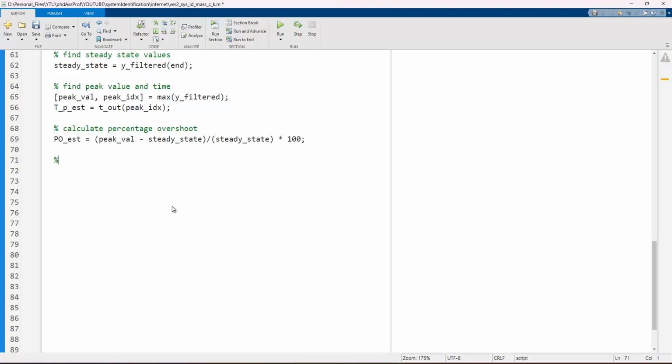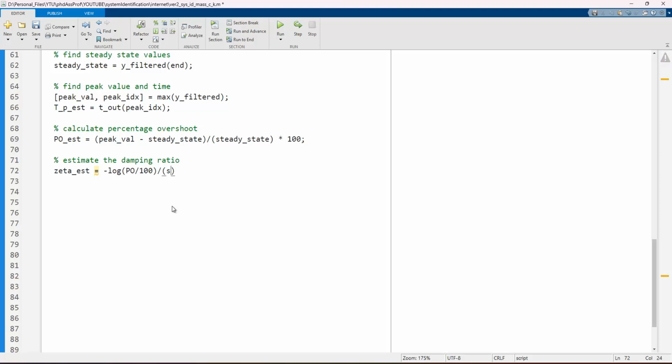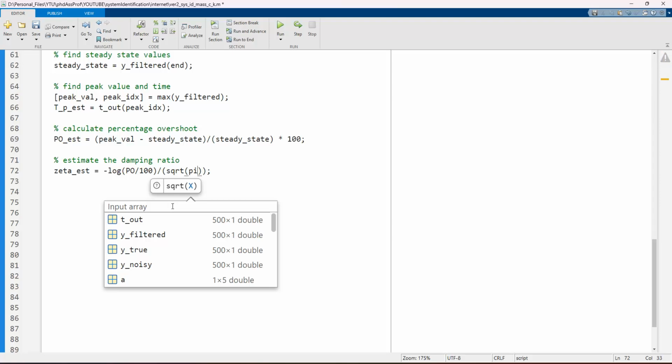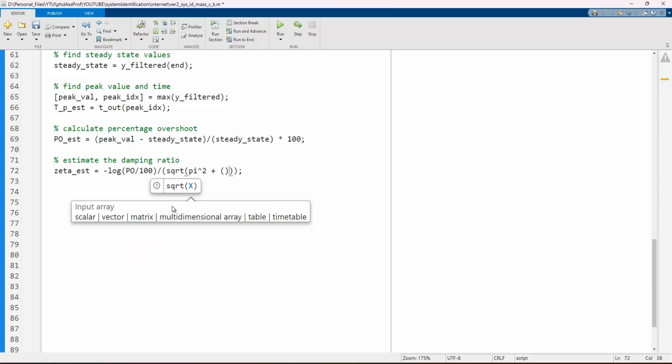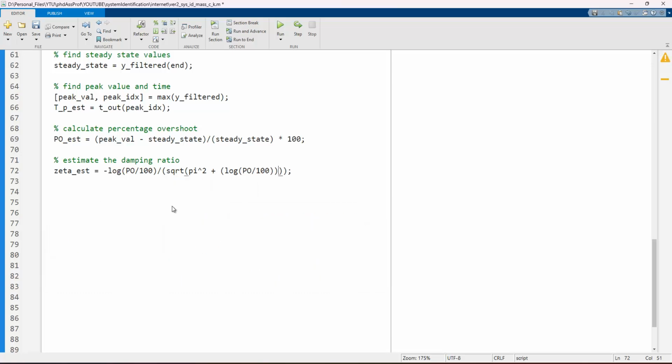Okay, after that, estimate the damping ratio here. Zeta estimation is equal to minus log of PO divided by 100. After that the SQRT function is given with pi squared plus log of PO divided by 100 squared, and this should be multiplied with these terms.